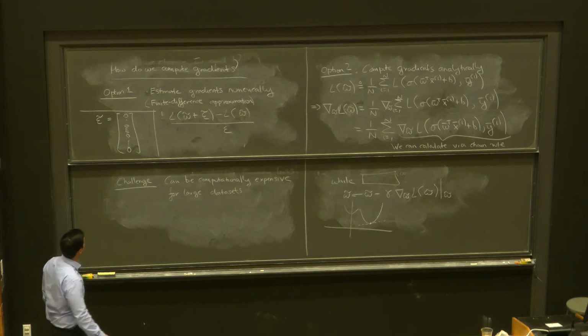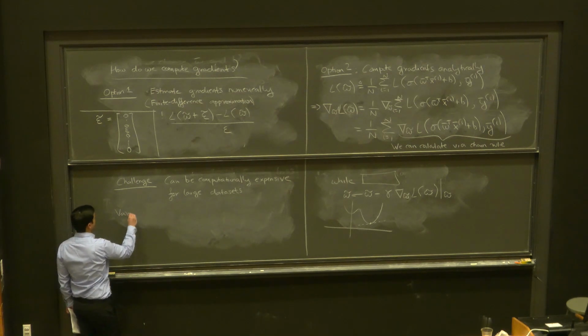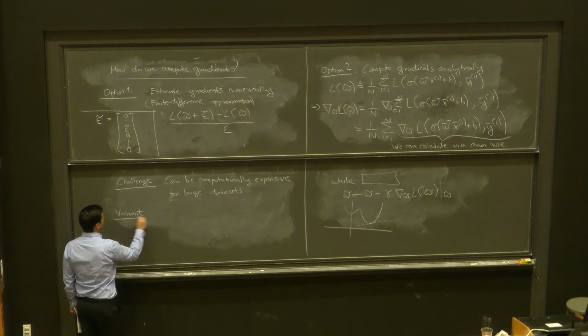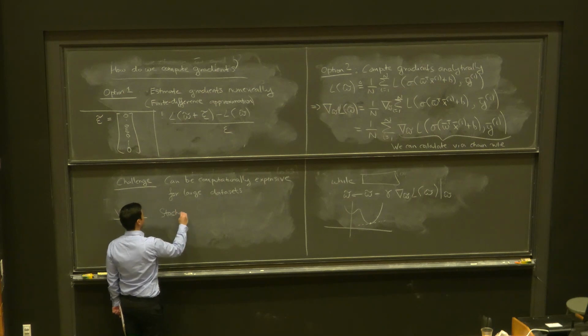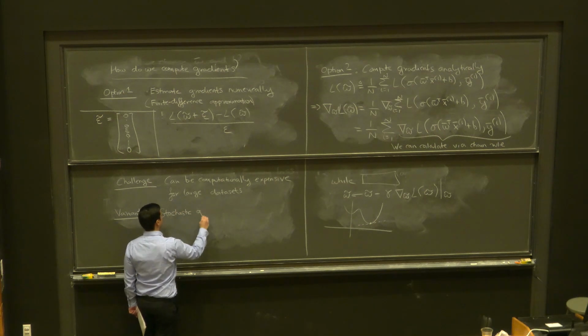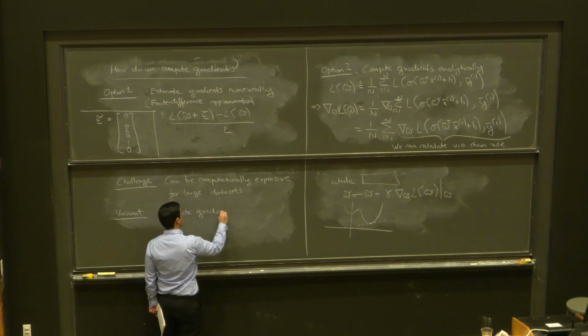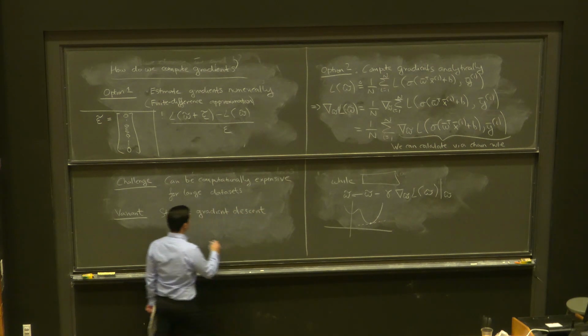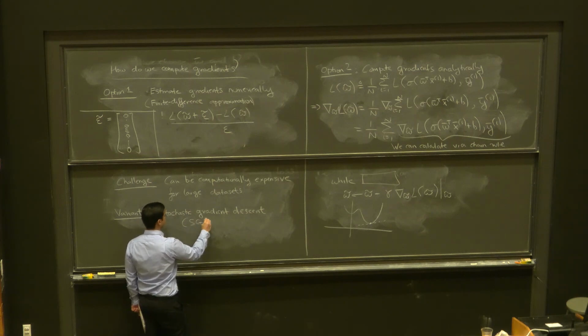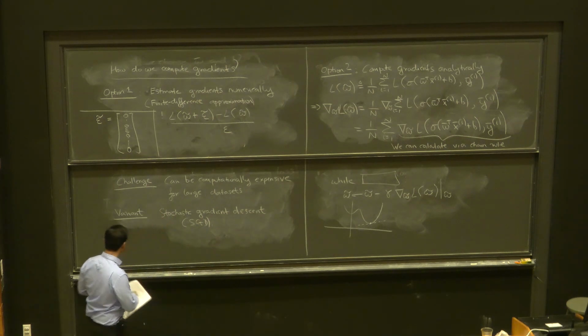So I guess one variant of gradient descent is what's known as stochastic gradient descent, abbreviated as SGD.